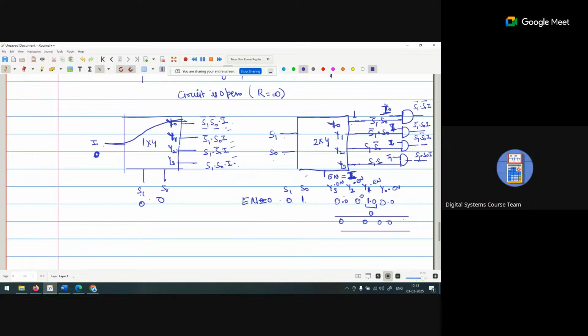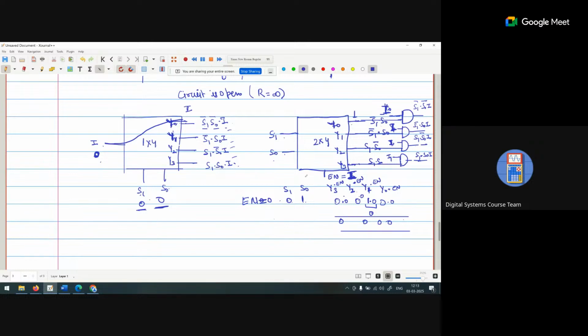In which one are you asking, the demux or the decoder? In the demux part, sir. In the demux you are not getting 1 or 0, you are getting the input. Whatever the input is, you are getting that at the output. If we select 0 0, we can't say that Y0 is 0 or 1, we can say that Y0 is the input.